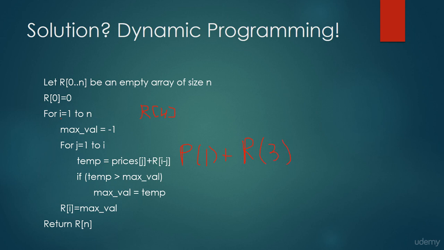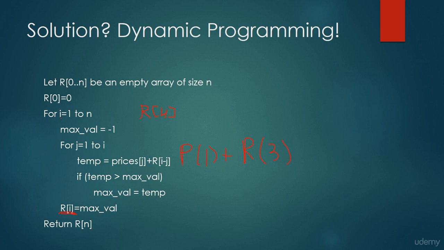So I calculate P of 1 plus R of 3, then P of 2 plus R of 2, then P of 3 plus R of 1, and finally P of 4 plus R of 0. Then you find the maximum of all these four values, and that's the value of Ri. We set it to the maximum of all these, and that's the recurrence.